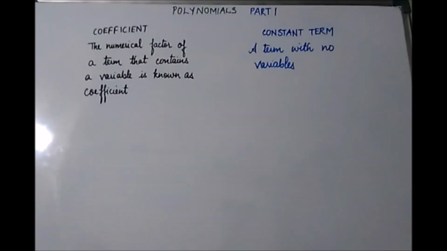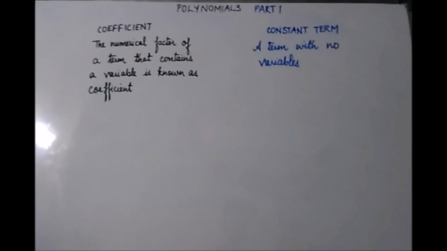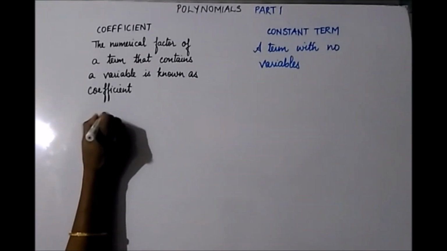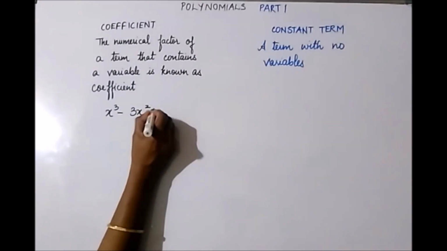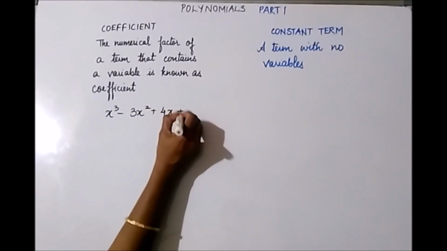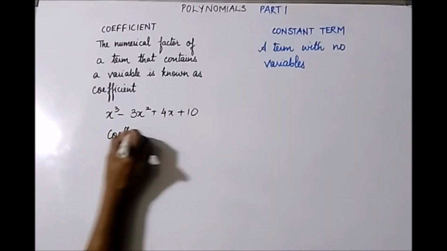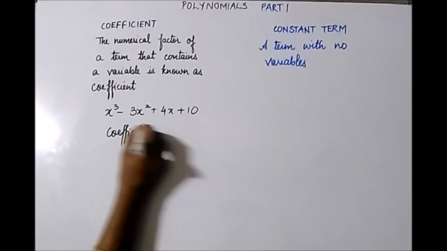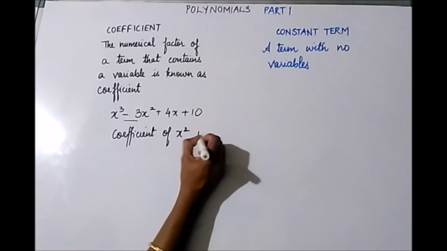Next, coefficient. The numerical factor of a term that contains a variable is known as coefficient. Suppose we take an algebraic expression x cube minus 3x square plus 4x plus 10. The coefficient of x square here is minus 3.